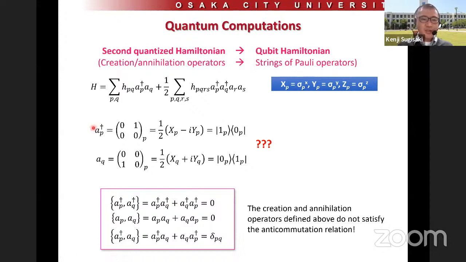So if we define the creation and annihilation operators as shown here, they don't satisfy this anti-commutation relationship. So we have to define the creation and annihilation operators so as to satisfy these anti-commutation relations.